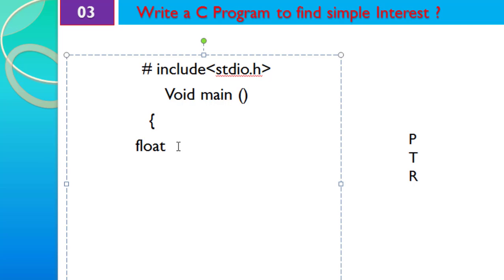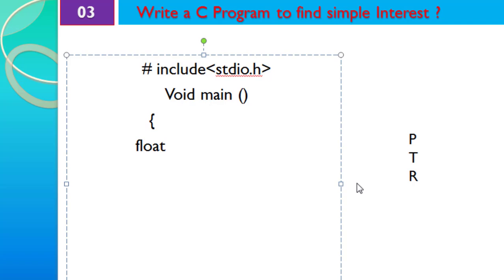You have to analyze the problems, how many variables we have to use. First of all, you have to be aware of the simple interest formula. As you can see here, there are three variables we have to use: P, T, R, and simple interest.